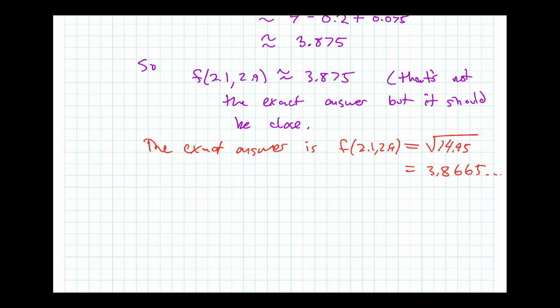So that's pretty close. We calculated 3.875 and the actual answer is 3.8665. So the 3 and the 8 are correct. This is a 6, and we calculated a 7. So the error is there. It's less than 1% error, I think. So it's pretty good.